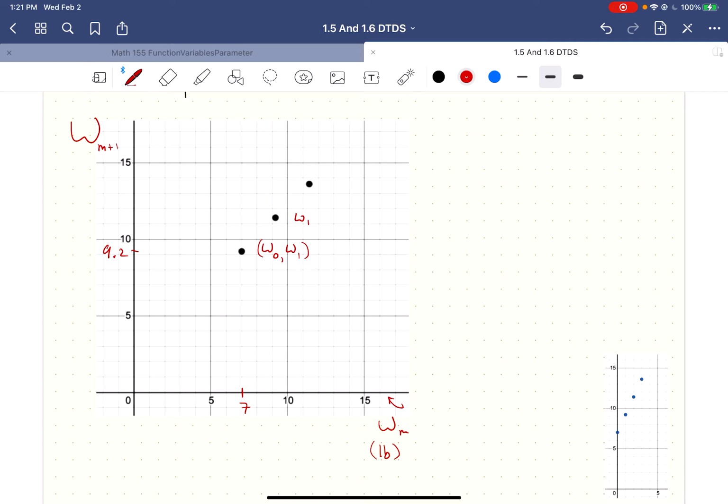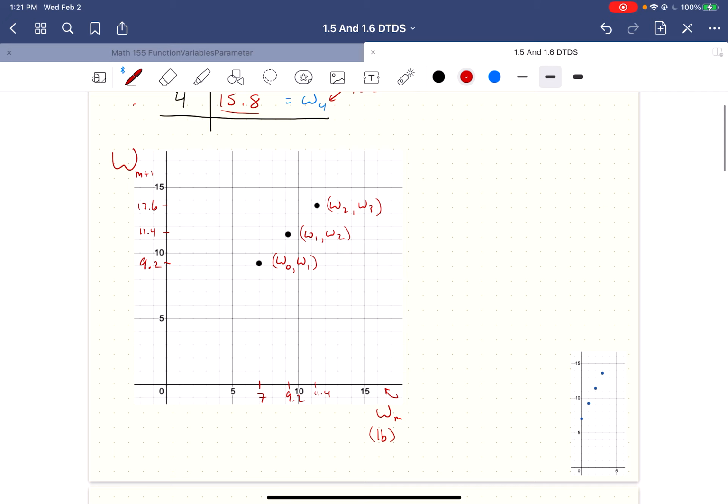Here I have W1, W2, which is if you weighed 9.2 pounds, then a month later you're going to weigh 11.4. And this other dot here is W2, W3, which just says if you weighed 11.4, then a month later you're going to weigh 13.6. All right. So this plot is relating weights for given successive months.